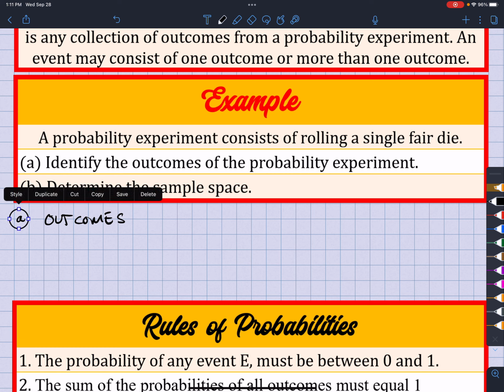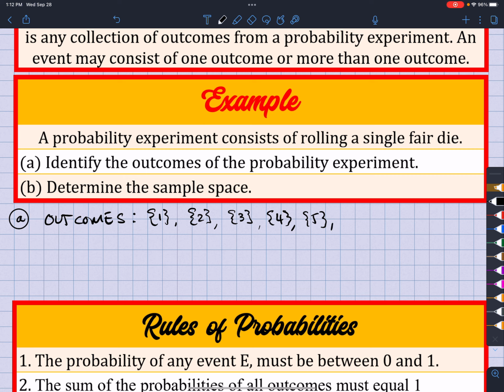All the possible outcomes, if I roll a die, is I'm either going to get a 1, or a 2, or a 3, or a 4, or a 5, or a 6, right?